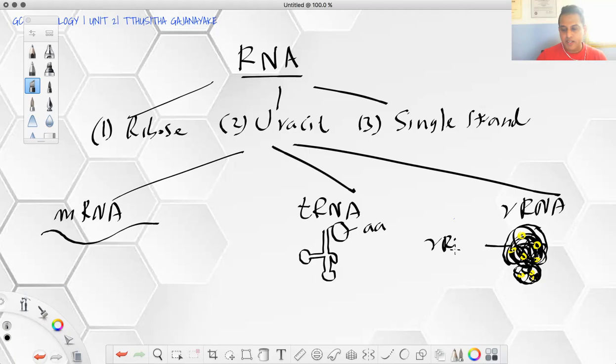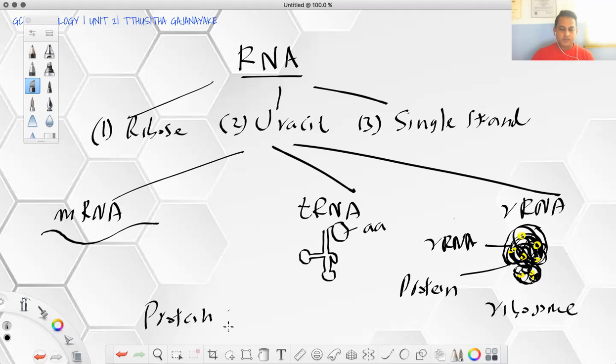The black one is an RNA strand, and these are proteins. This organelle is called a ribosome. So these 3 are involved in protein synthesis: mRNA, tRNA, rRNA. We are going to learn this in the future in detail, so then the function of each one we can learn.